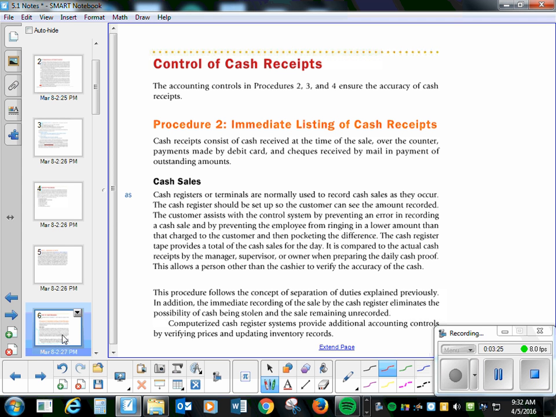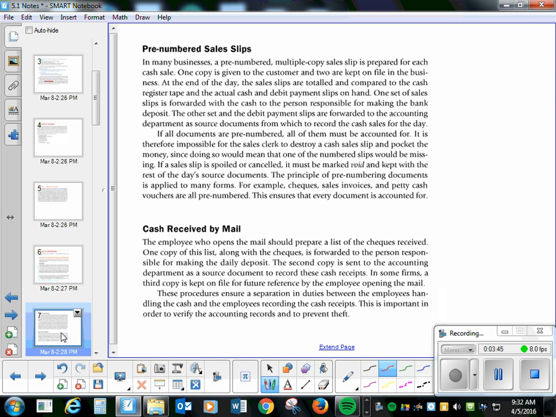The cash register tape provides a total of the cash sales for the day. It is compared to the actual cash receipts by the manager, supervisor, or the owner when preparing the daily cash proof. This allows a person other than the cashier to verify the accuracy of the cash. There are also pre-numbered sales slips.